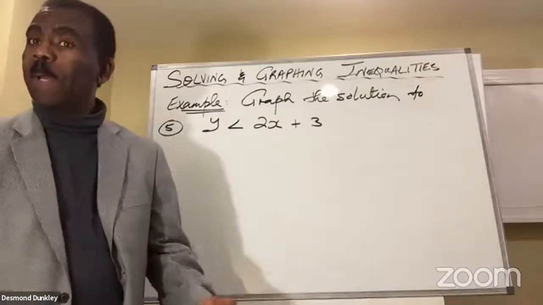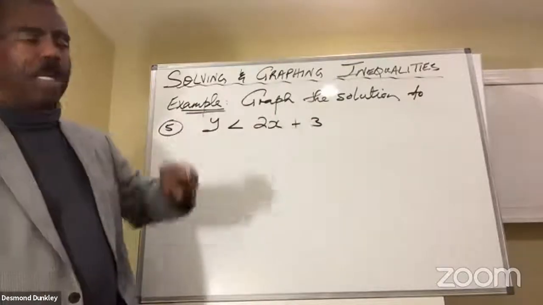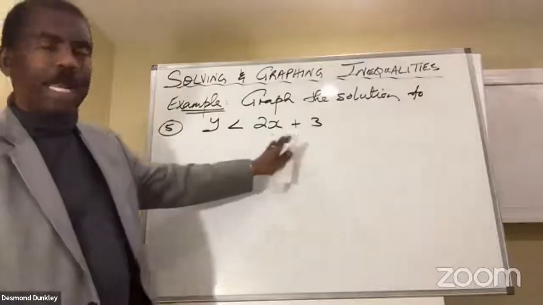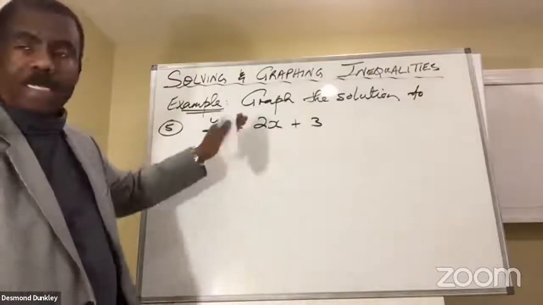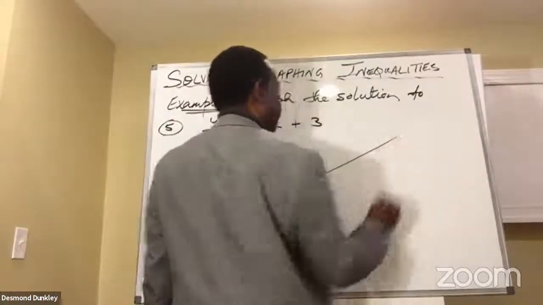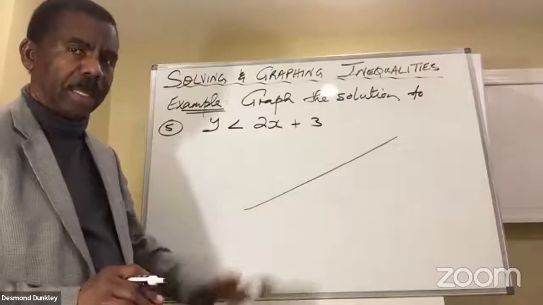So I'll tell you from now, to draw this graph, this is a linear equation. If you have an equal sign, it's a linear equation. So you're going to have a line. We'll discuss the details afterwards.